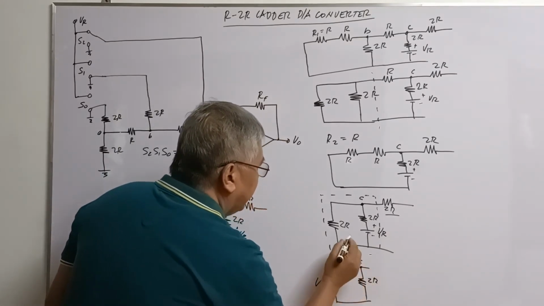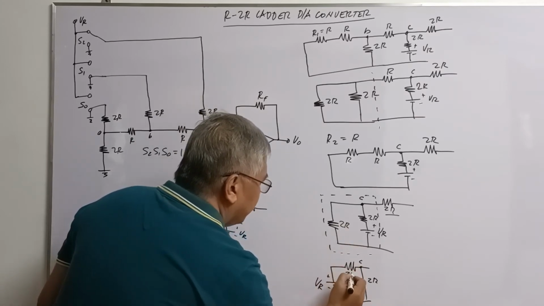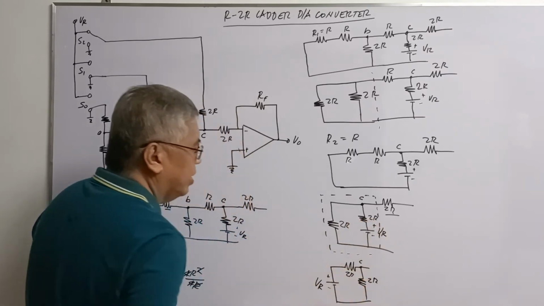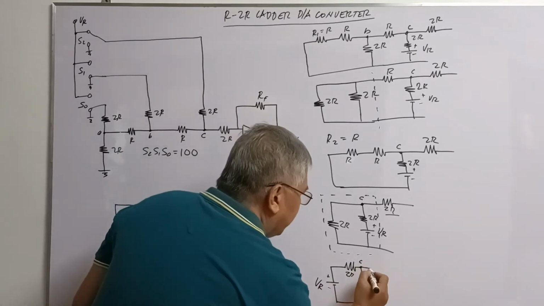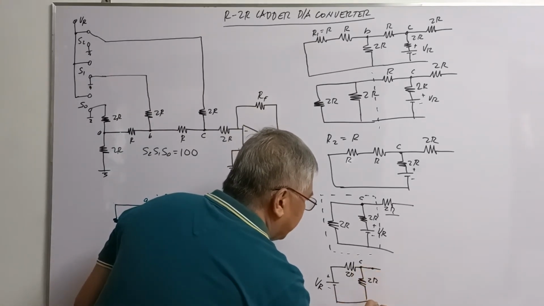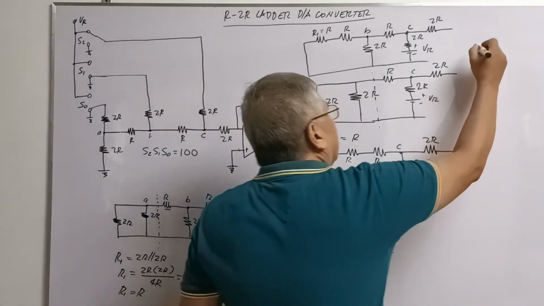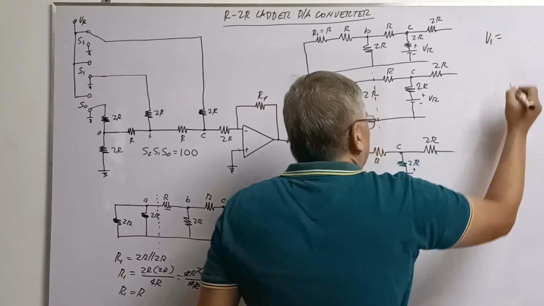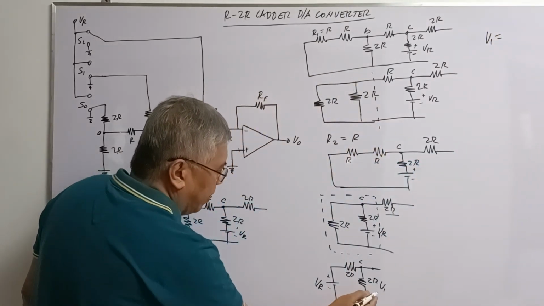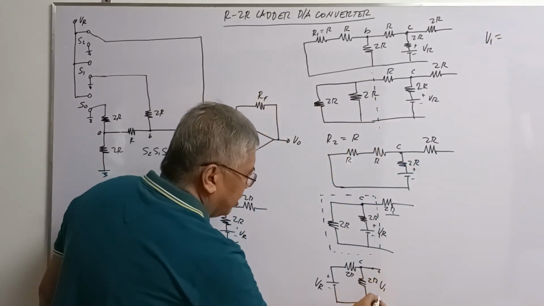And this one here again, 2R. Okay, which is this one. It's 2R already. So, if we try to determine the voltage drop across your 2R here, which is represented by V sub 1, V sub 1 will be therefore equal to what? Plus minus V sub 1.